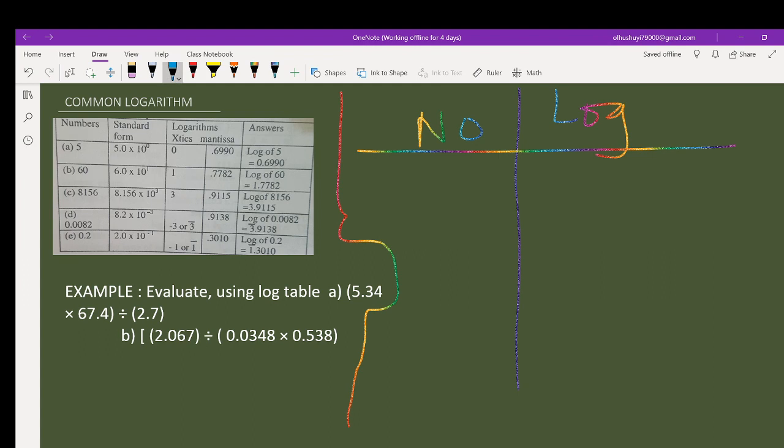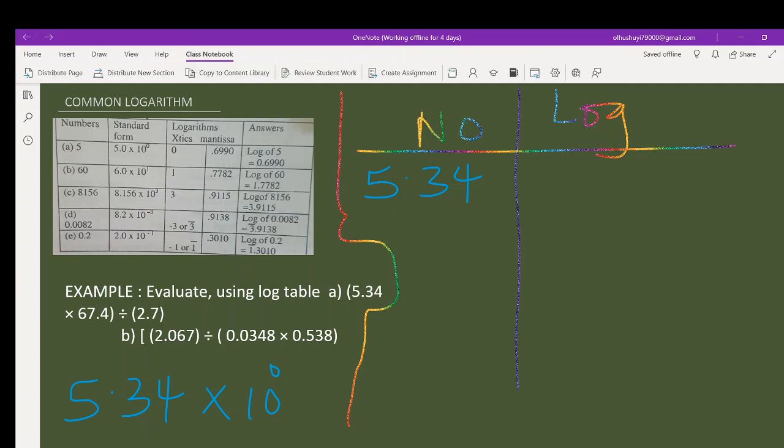So look at this question. Evaluate using log table 5.34 times 2.72. If you have 5.34, if you have to write this in standard form, what do we have? It is already in standard form. The decimal is in the right place, so there's nothing else you are doing. So what does that mean? This means 5.34 times 10 raised to the power 0. So this forms our characteristic, like I've said before.